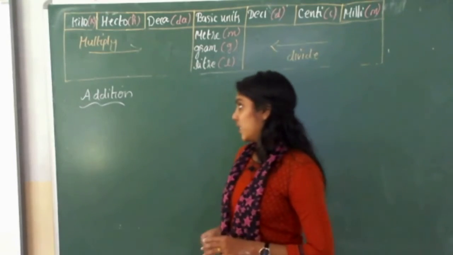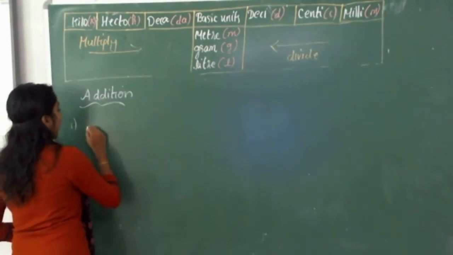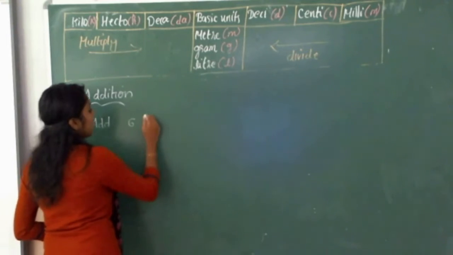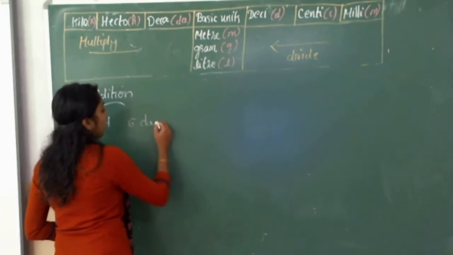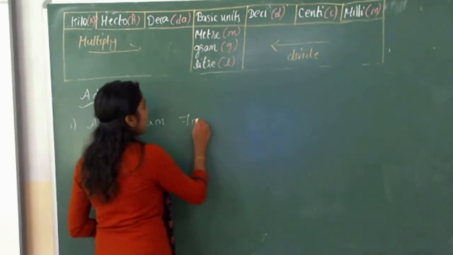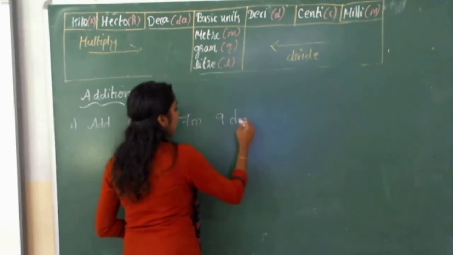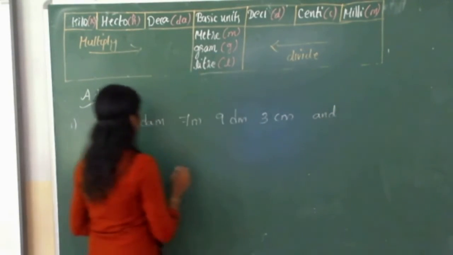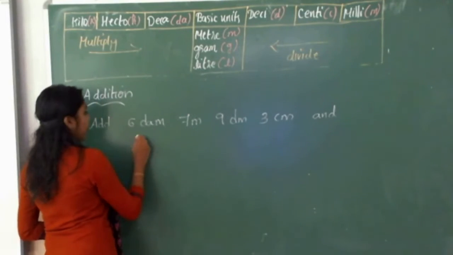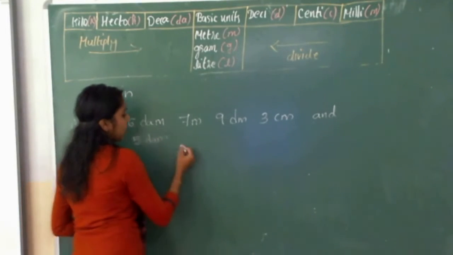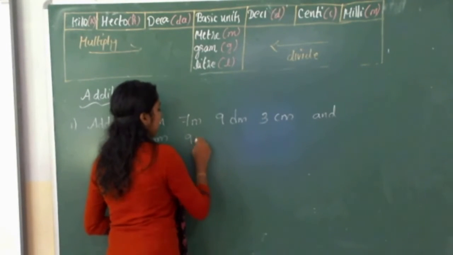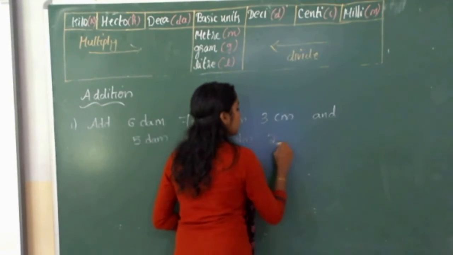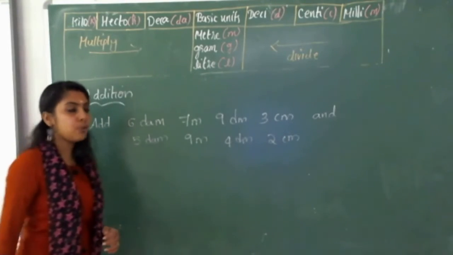So first question, add 6 decameter, 7 meter, 9 decimeter, 3 centimeter and 5 decameter, 9 meter, 4 decimeter, 2 centimeter. This is the question. How to add this?